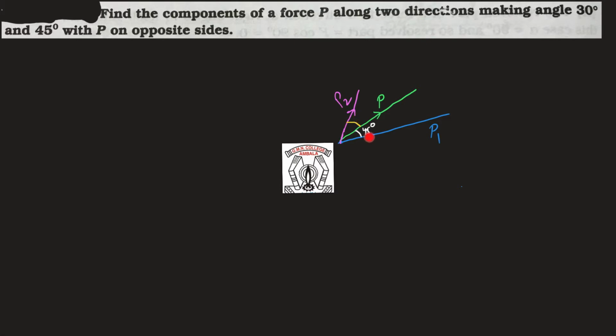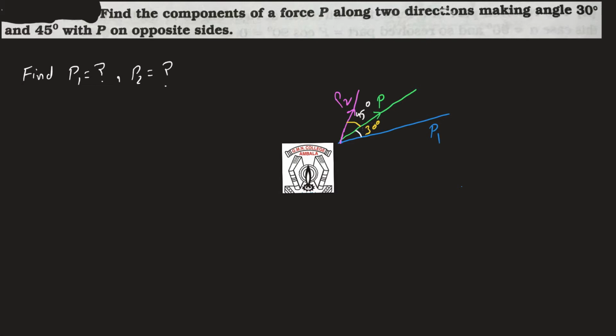Otherwise, we could also name it otherwise, but to make it more suitable I will be naming this as 30 degrees and that one as 45 degrees. Now, the question is: find P1 and P2, we have to determine.